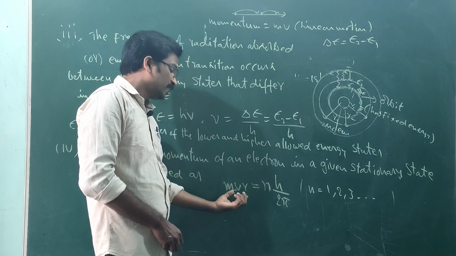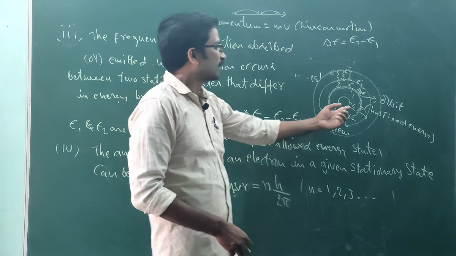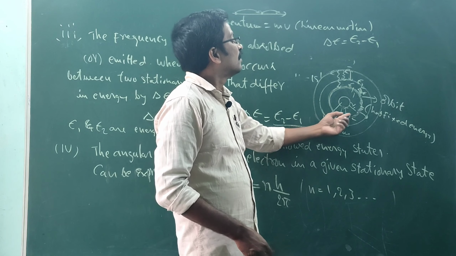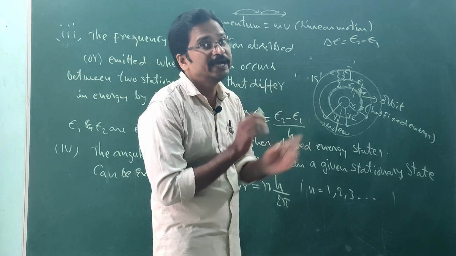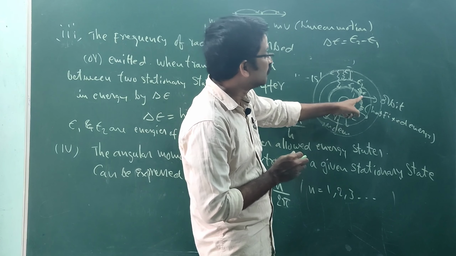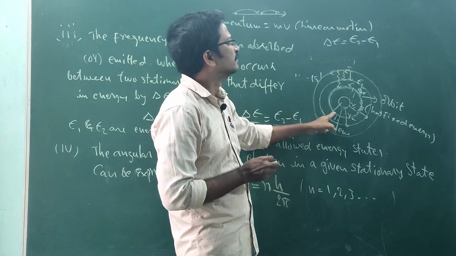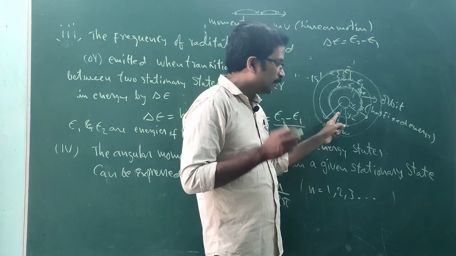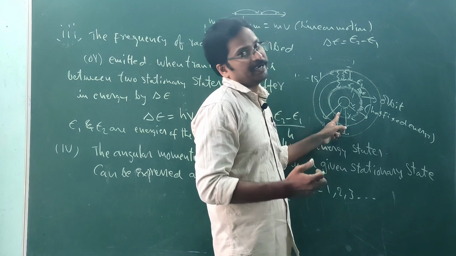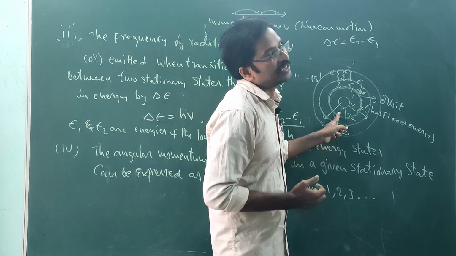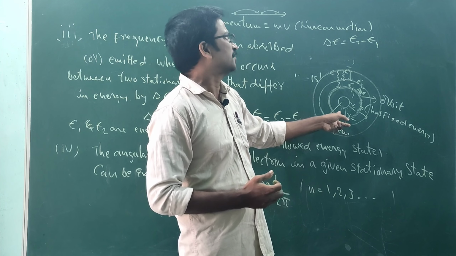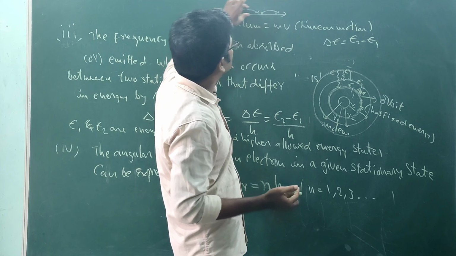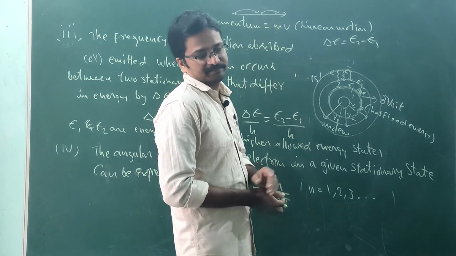The radius is also countable. Whenever an electron moves in a circular path, it has angular momentum, not just momentum, because it moves in a circular path. Any body which moves in a circular path has momentum and radius, and this is known as angular momentum, mvr. If an object moves in linear motion, it contains momentum only.